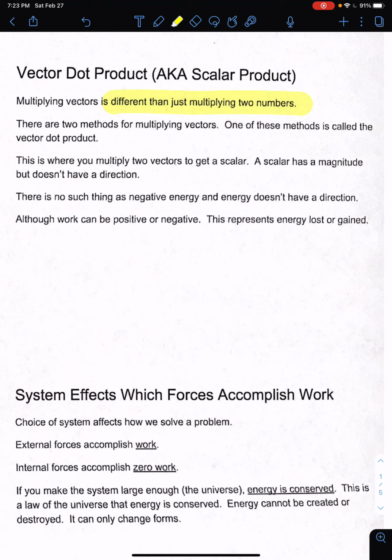There's actually two methods to it that give you totally different answers. One of these methods is called the vector dot product, which is what I showed a second ago by writing the formula to look like this: W equals F dot D.